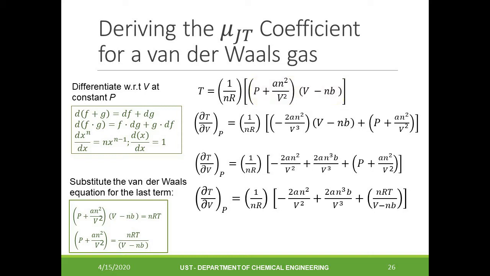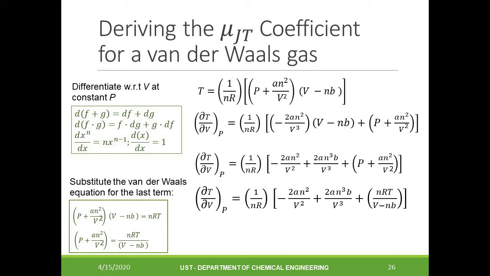I have listed the important derivatives for you on the left side, and we can use the product rule. It is important that you spend some time to use these derivatives and convince yourselves that we will have these terms in our final equation. If we distribute this term to V minus nb, then we will have the following expression.